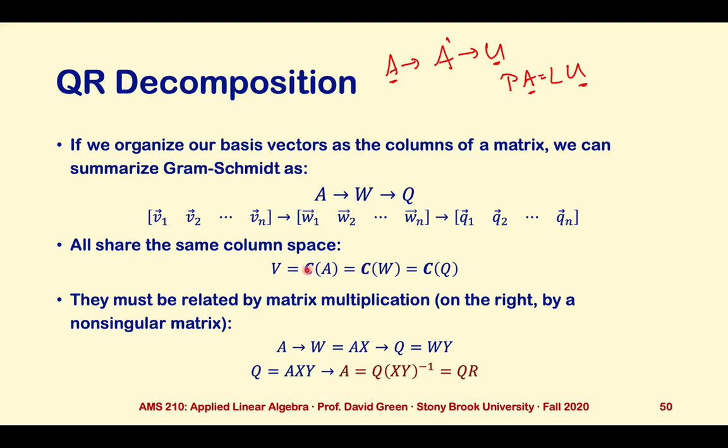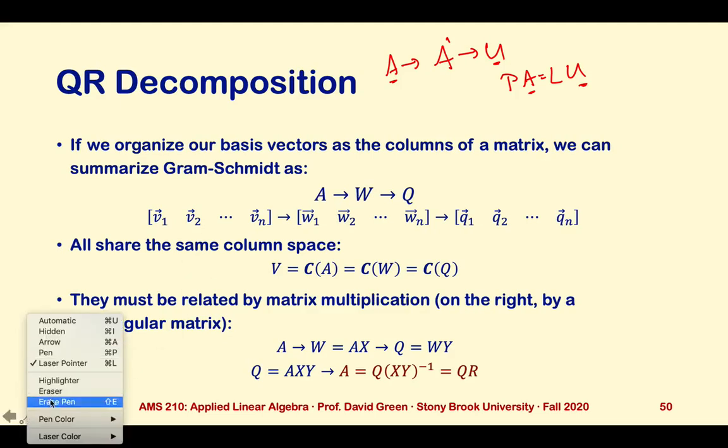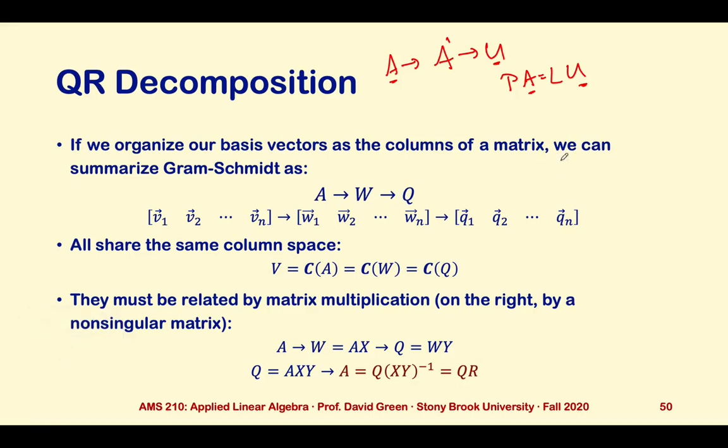Because they represent the same vector column space, the column space isn't changed, they're just linear combinations of each other, they must be related by matrix multiplication, but on the right. Why is this? Well, let's think about what we've already seen in Gaussian elimination. In Gaussian elimination, everything we dealt with was working with rows.